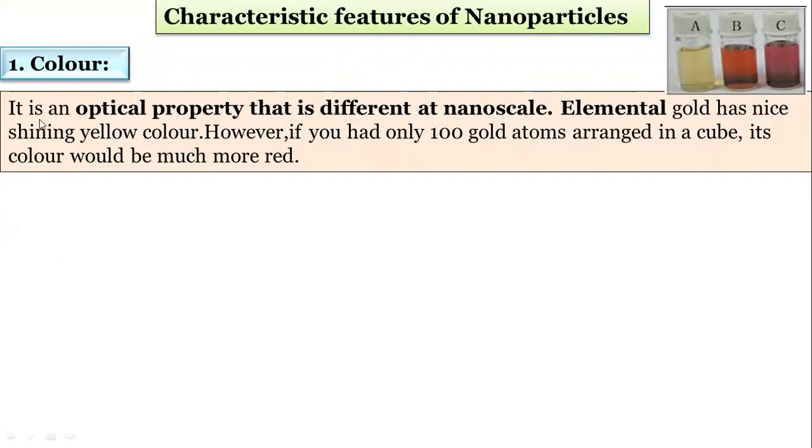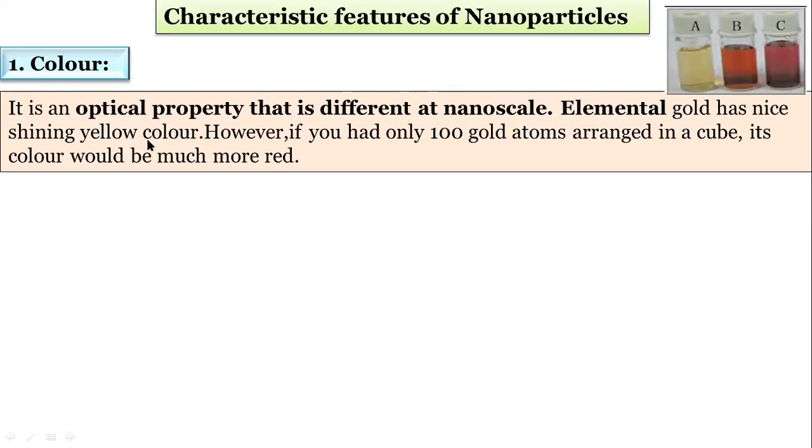See, color is an optical property that is different at nanoscale. Means the color will be changed. The compound having a different color in bulk and at nanoscale, the color will be changed. See this example given, elemental gold. You know, gold in elemental condition has a very nice shining yellow color.